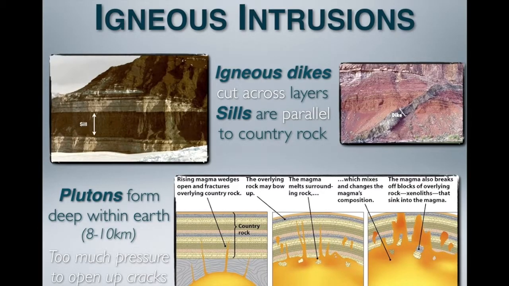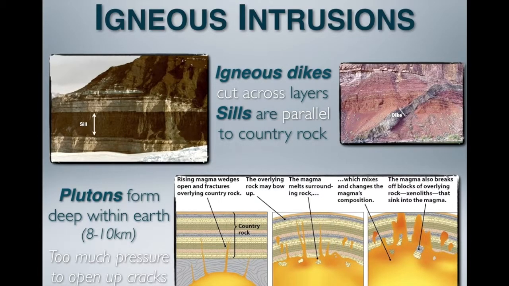So igneous dikes are cutting across the pre-existing layers of rock, and sills are running parallel to the pre-existing rock, or we call it the country rock. So we are looking at these pathways as the magma is moving towards the exterior of the earth. It is finding the easiest pathway to follow.